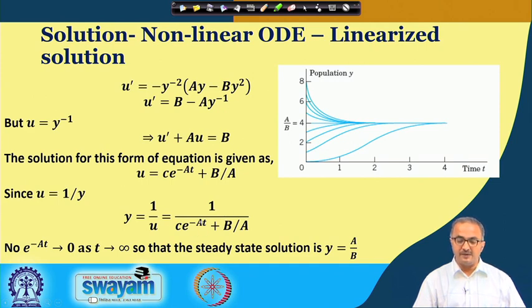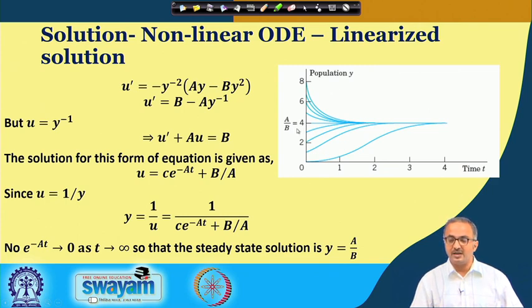Here again we shall see that this particular solution is showing a transient state, and as t goes to infinity, we find this particular term tends towards 0. That means that at steady state this y value will be a by b. That means all the populations, whatever may be the initial state, will always converge to this steady state value, and this has been shown in this particular graph.